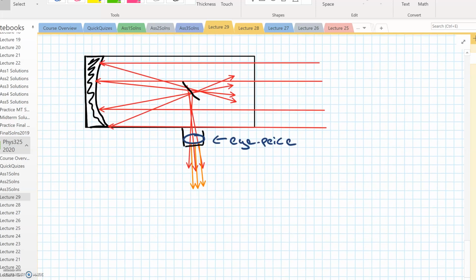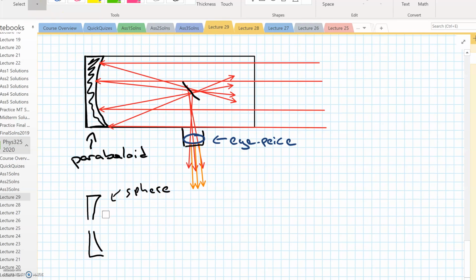Sometimes you just use a spherical mirror. So here we have a paraboloidal mirror. We can also use a spherical mirror, which is much easier to make for a very big segment. We're actually going to cut a hole out of the center of that mirror, and we'll put a specially shaped mirror here, which will correct for any deviations from a sphere and turn it to the rays that you'd get exactly from a paraboloid.